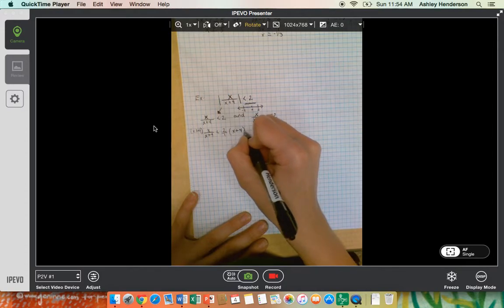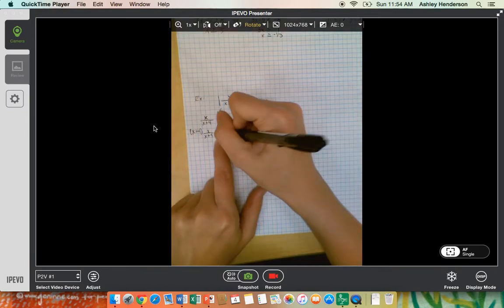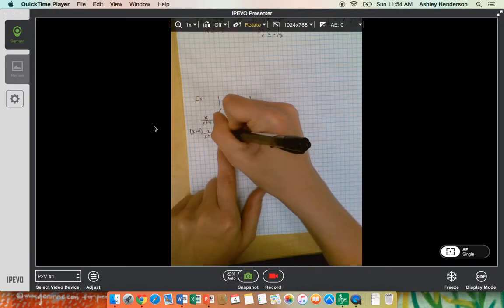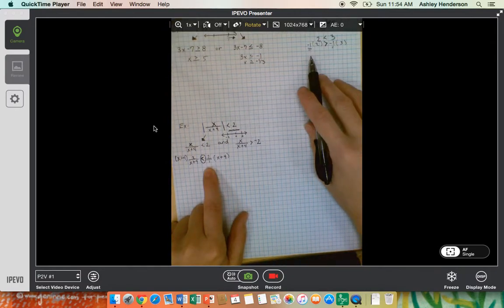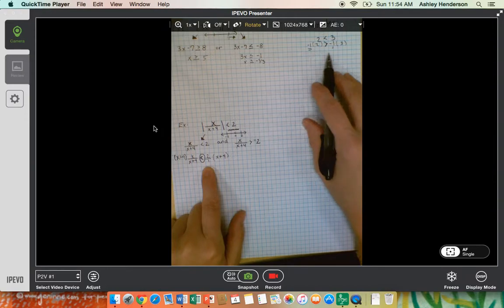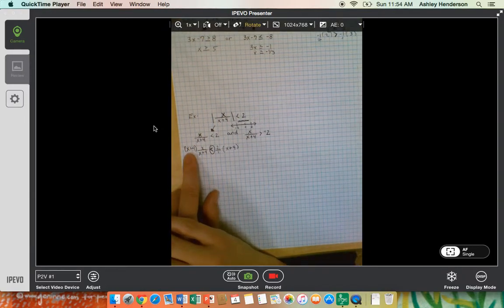But now here's the trick, or the problem with this. I made an assumption here when I put my arrow that way, because remember, if I multiply through by a negative number, I have to switch the inequality sign the other way. Do I know if the quantity x plus 4 is positive? I don't know that.